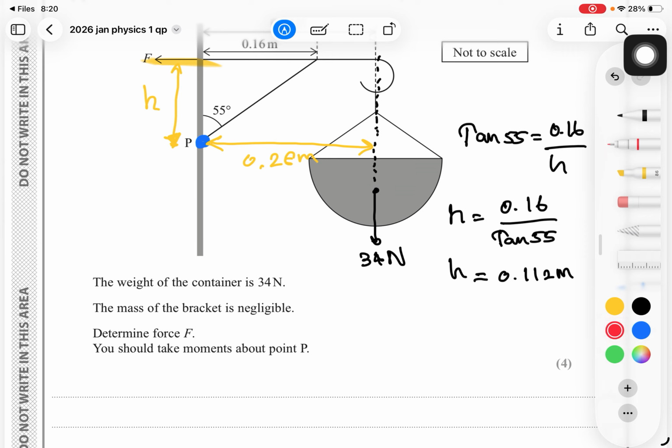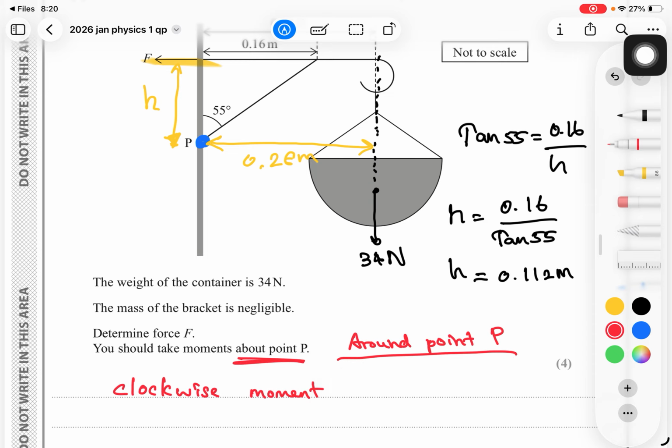So we are getting the moments around point P, and even the question says to take the point P. At equilibrium, clockwise moment equals anticlockwise moment.